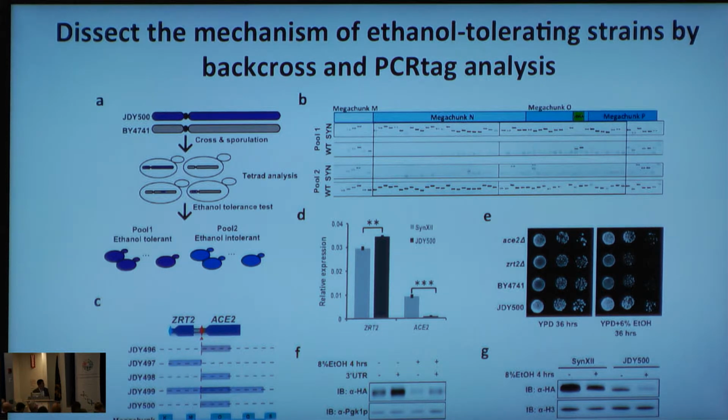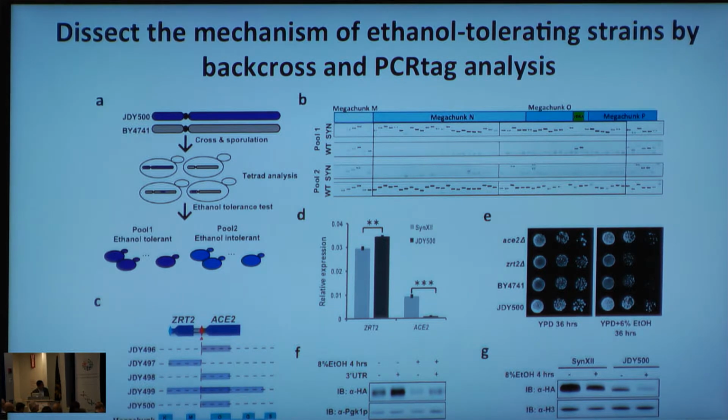This involves one of the loxP-mediated rearrangements at a gene close to the ACE2 gene. Obviously, we then tested it, because it's possible the defect is due to ACE2. We looked at the transcription in these strains to see whether ACE2 is affected, and yes, ACE2 transcription is affected.